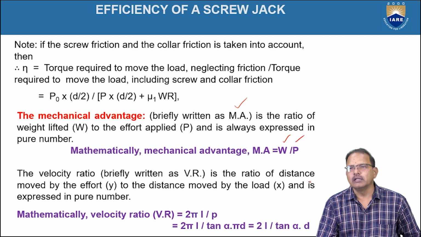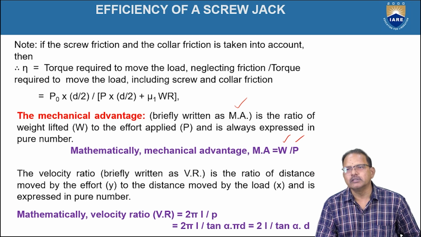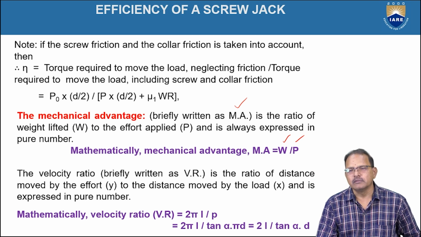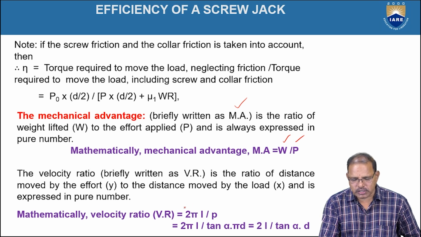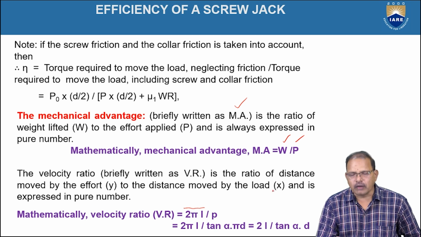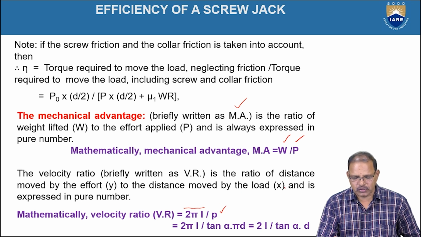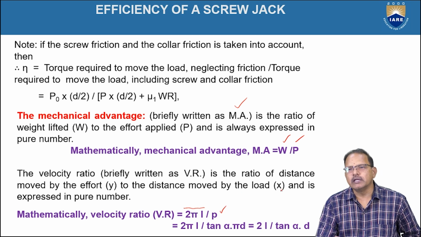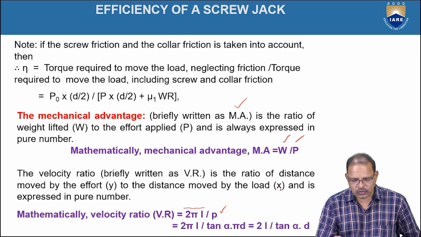The effort is applied at the end of the lever, hence the distance moved by the effort is equal to 2 pi L. After completion of one revolution, the load moves upward by a distance of p, that is the pitch of the screw. So the velocity ratio is equal to 2 pi L divided by p.